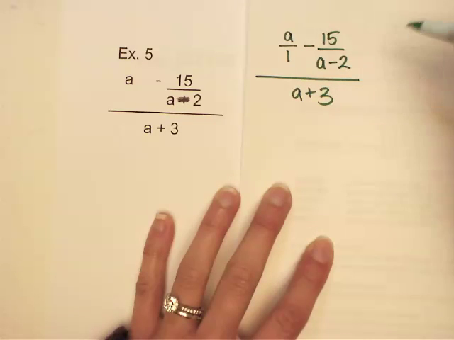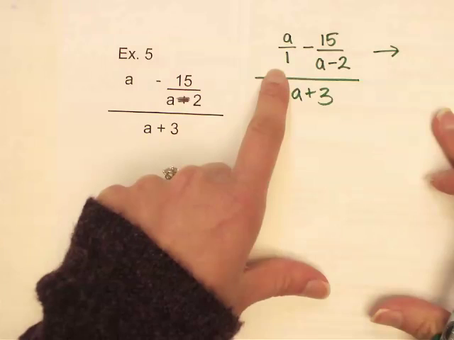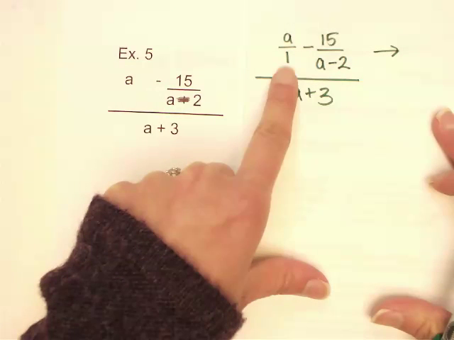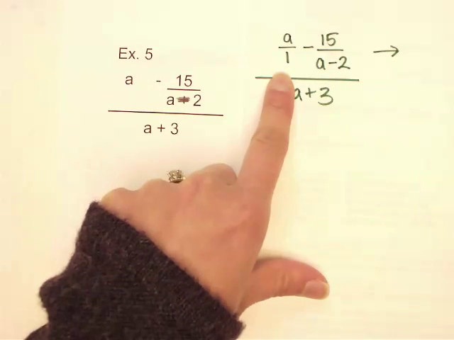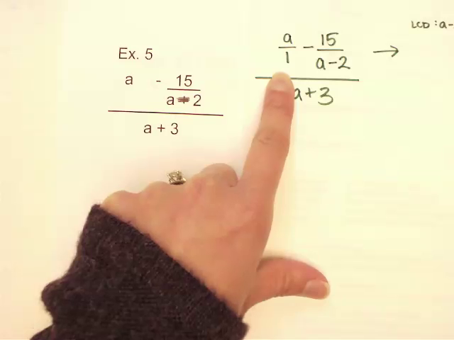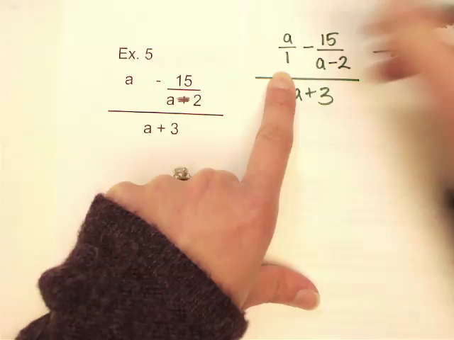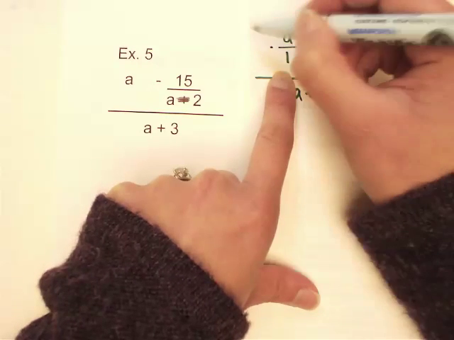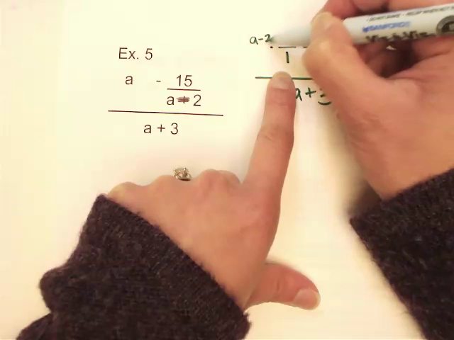Okay, so if we take a look, when we simplify that, we have to make sure that those denominators are the same. So we find our least common denominator, which is a minus 2 in this case. Okay, so we multiply both the numerator and the denominator by a minus 2.